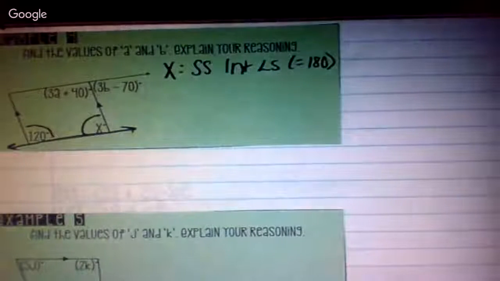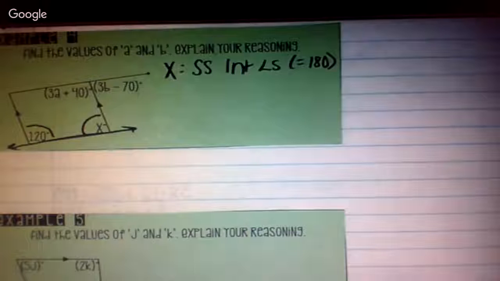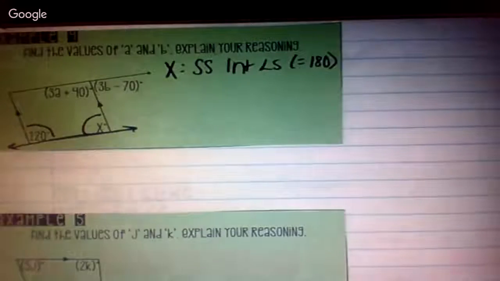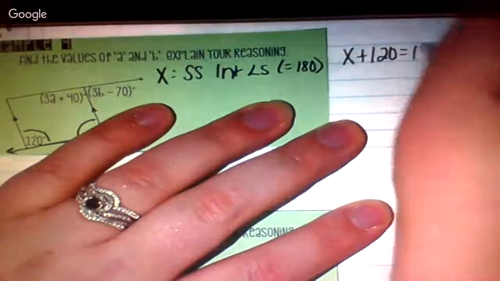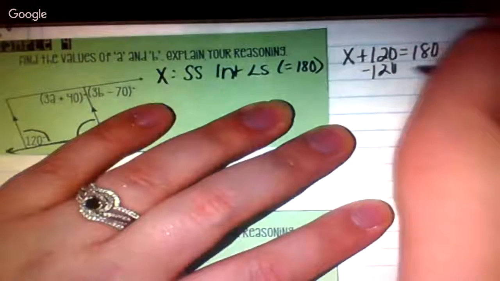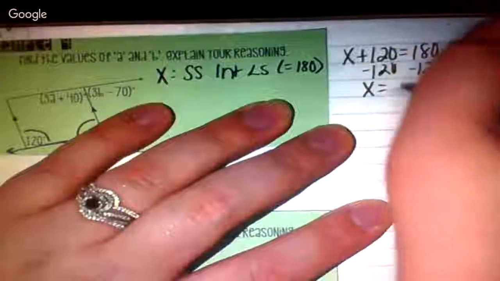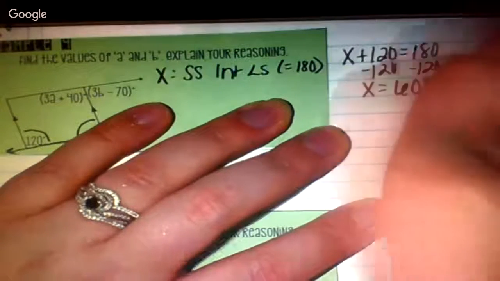Remember, same side begins with an S, supplementary begins with an S. Okay? So, we add the 2 together and set them equal to 180. So, X plus 120 equals 180. Okay, subtract 120. So, X equals 60.